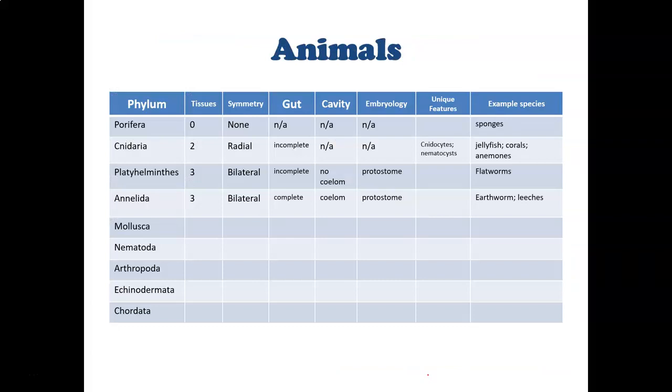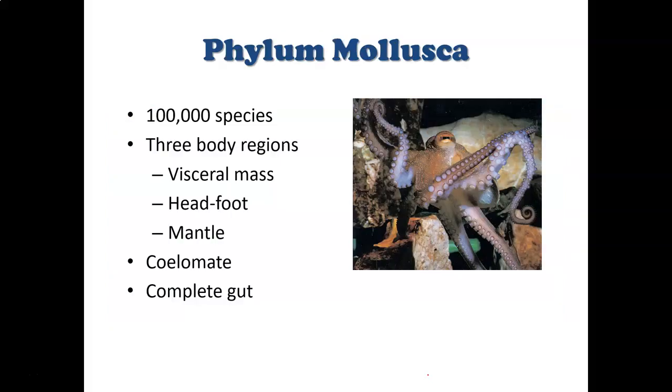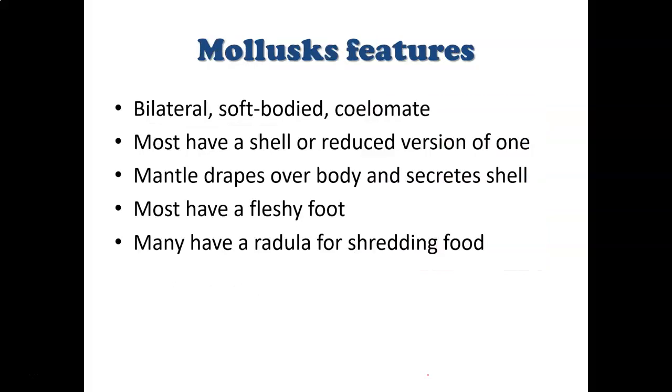So the annelids: 3 tissue layers, bilateral symmetry, complete gut, and a real coelom. Next group are the mollusks. And the mollusks are actually a very diverse group. An octopus is a mollusk and a clam is a mollusk.